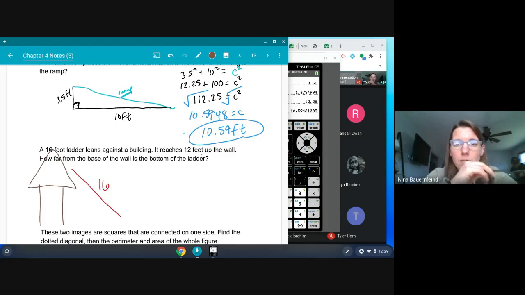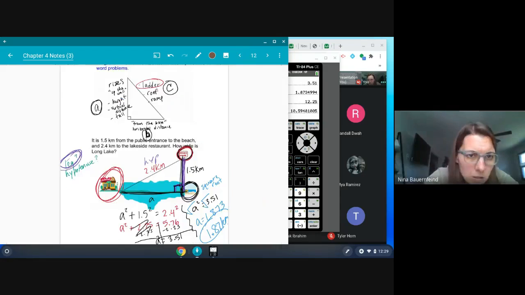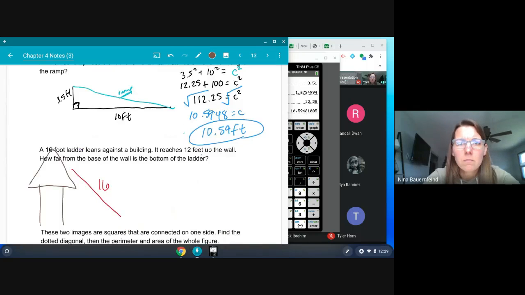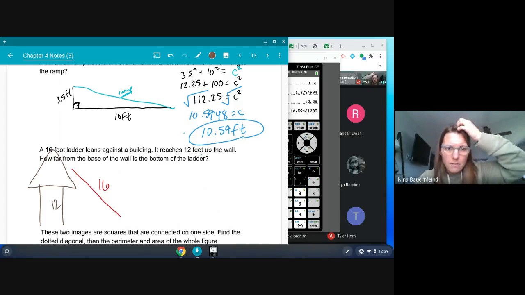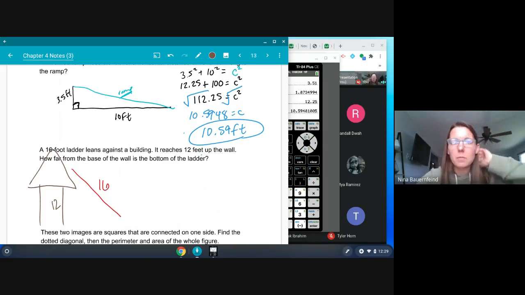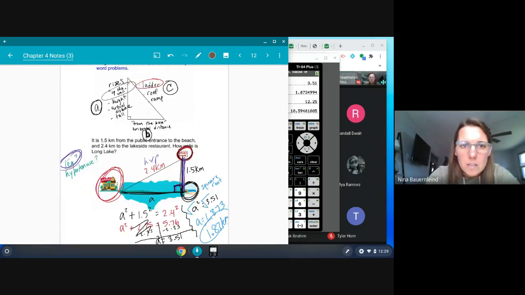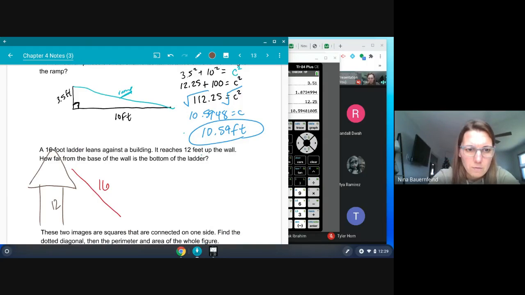It reaches 12 feet up the wall. Here's up the wall. 12 feet. How far from the base of the wall is the bottom of the ladder? So this says from the base is right there. That's what we're looking for, is this one right here.